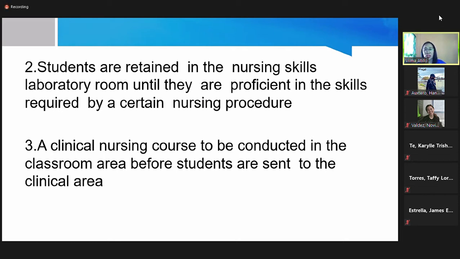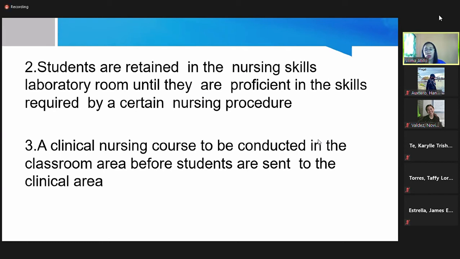A clinical nursing course can be conducted in the classroom area before the students are sent to the clinical area. So this is what I have said. Before duty in the ward, we will have the skills laboratory. In special areas like DR, OR, ICU, we have 3 days of skills laboratory.